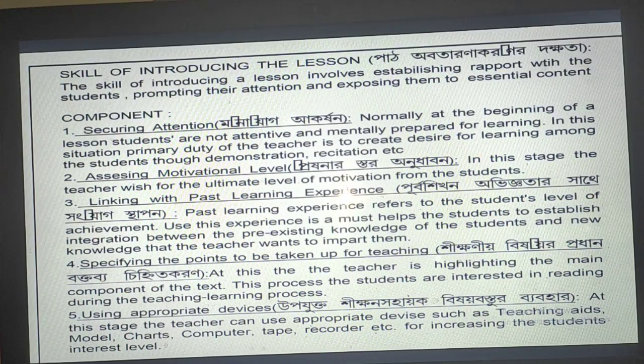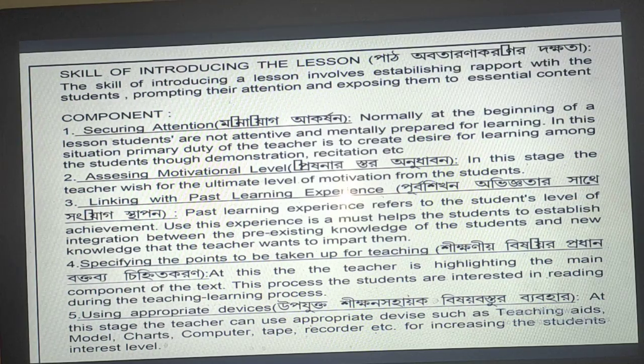Then the teacher highlights the main points of the topic. Then the teacher uses an appropriate device to increase the students' interest levels.